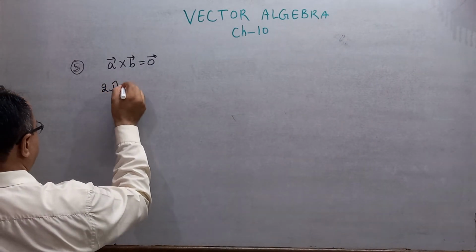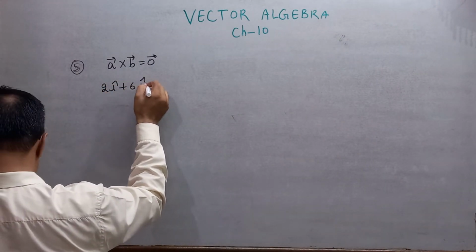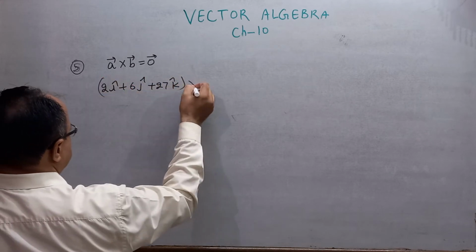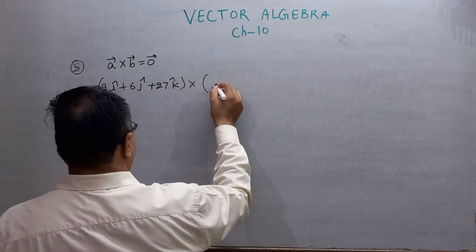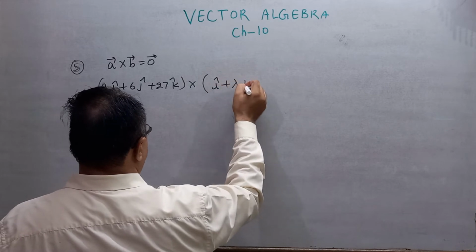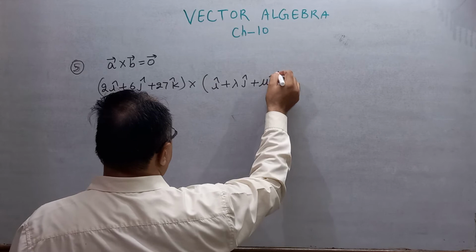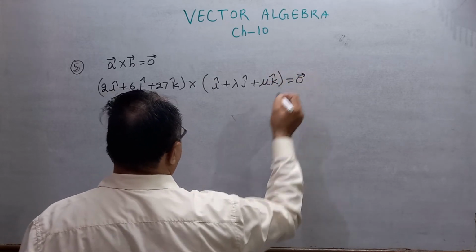So 2 I cap plus 6 j cap plus 27 k cap cross I cap plus lambda j cap plus mu k cap is equal to 0.